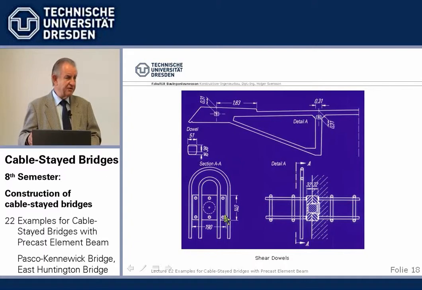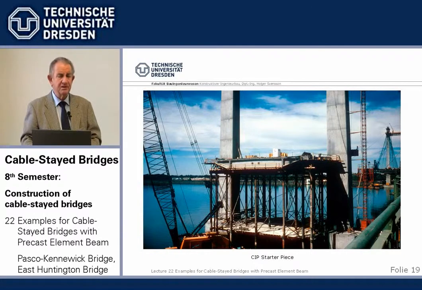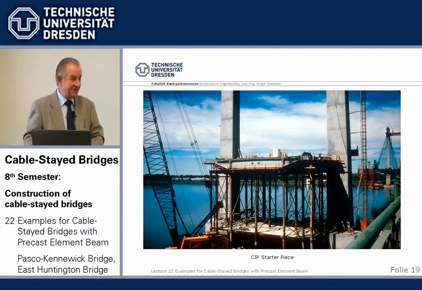Later on, we'll see an example, then we just profile the concrete, do away with the steel concentrated shear transfer. But it's, good God, it's nearly 40 years ago, 35 years ago we did it, and there it was not so well known.